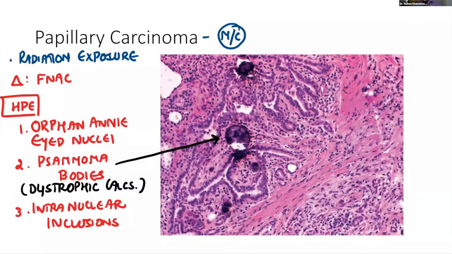These bluish bodies, which I've marked here, are psammoma bodies. You can see intranuclear inclusions as well. Another common question in pathology is in which other tumors do you see psammoma bodies? They can also be seen in serous cystadenocarcinoma of the ovary, papillary renal cell carcinoma, and meningiomas.